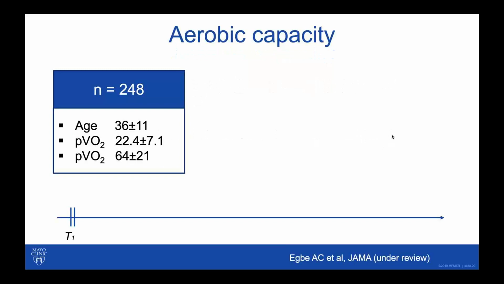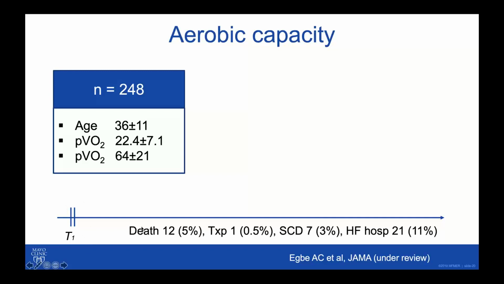So to address this question, we studied 248 patients. The peak VO2 was just 64% of predicted. And that's at the baseline. So we'll always call the baseline T1. And we followed these patients over a median period of 8 years.